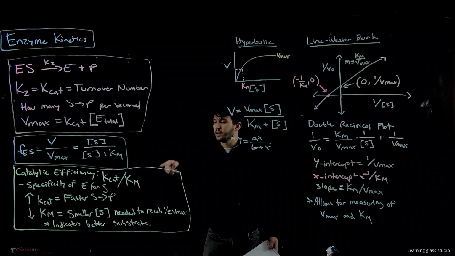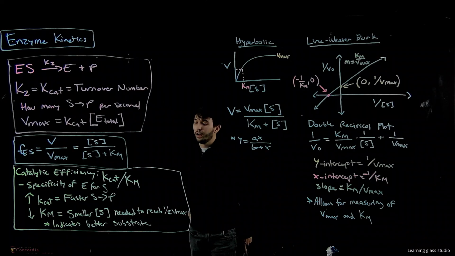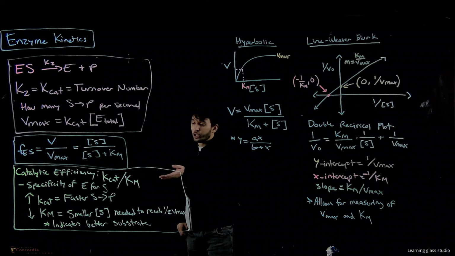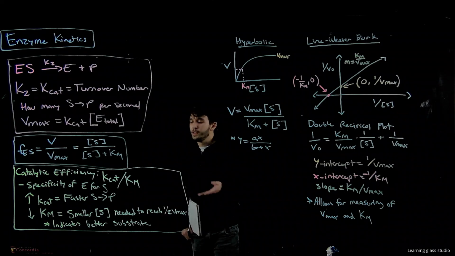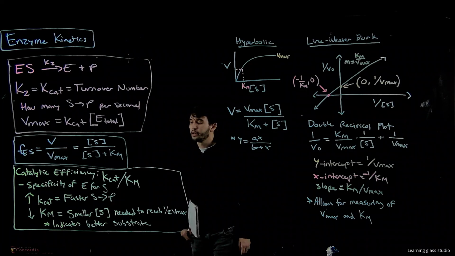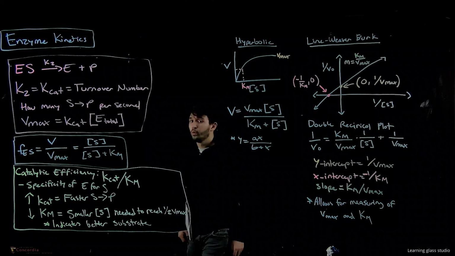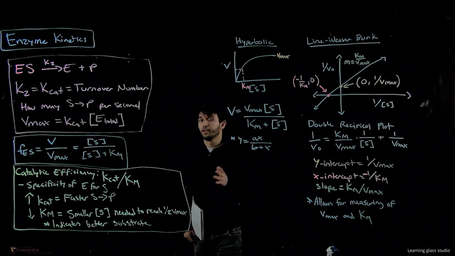This is kcat divided by Km. This gives us the specificity of an enzyme for a specific substrate. Essentially, the larger the kcat over Km, the better the enzyme, the faster and the more specific for a substrate. This makes sense because if we increase kcat, what do we get? We get faster conversion of substrate to product.